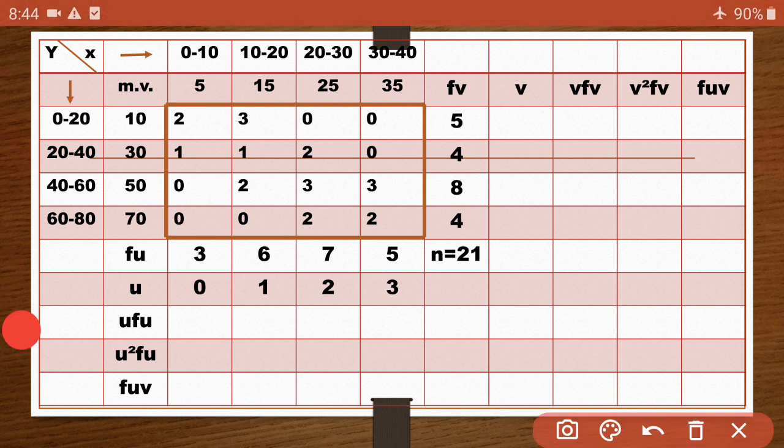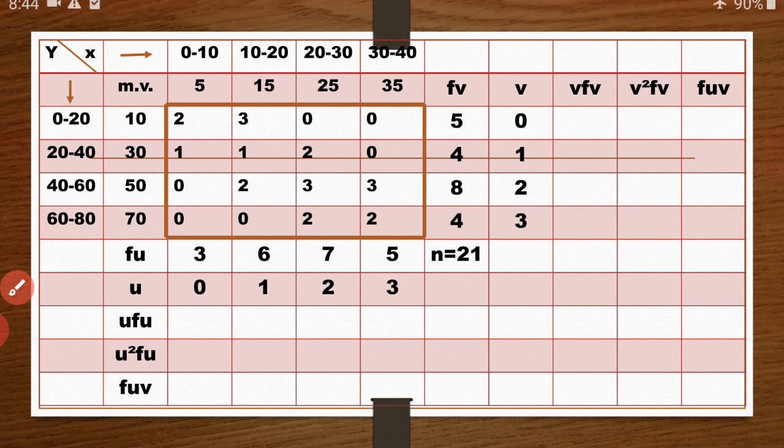Similarly in the y column the smallest mid value is 10, so here we write 0 in the column of v, and similarly we put the values 1, 2, 3, 4. Okay, so in the v column similarly 0, 1, 2, 3 and b is equal to the smallest mid value in the y, which is 10.